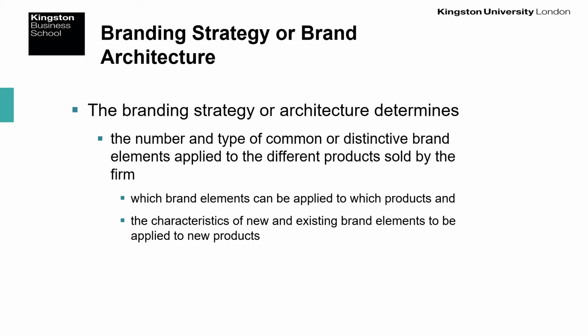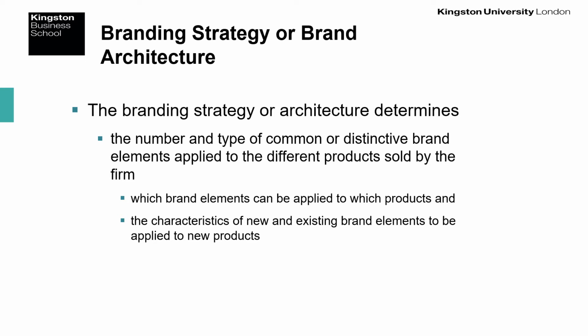And so when we think about brand strategy, what we're really doing is looking to see about the number and type of either common brand elements that are used across all sorts of products, or distinctive brand elements that are only used in one or a small number of products.